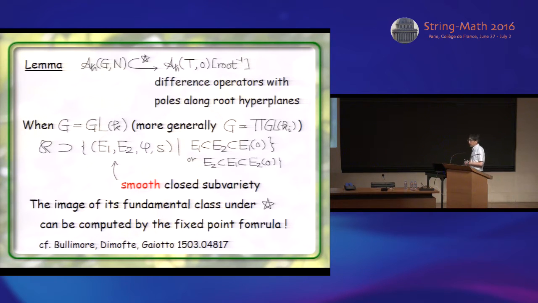And the roots are functions on W. So for this reason, instead of differential operators on the torus, I consider difference operators on the Lie algebra. And I consider this larger ring as a ring of difference operators with poles along root hyperplanes.